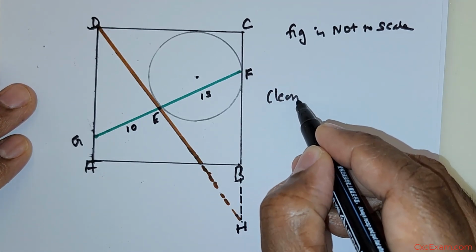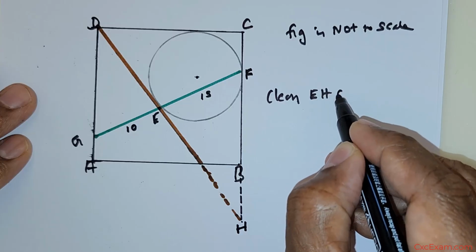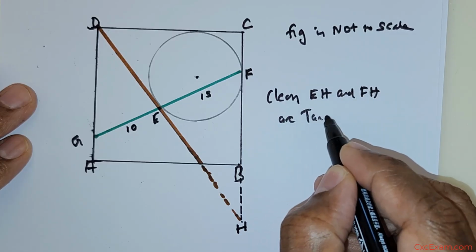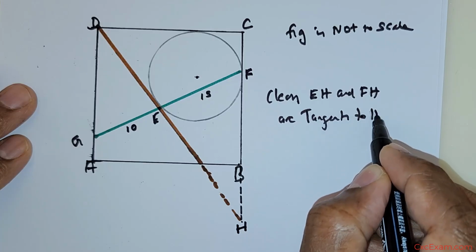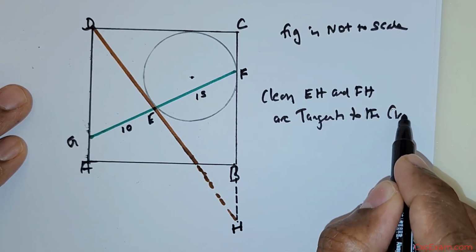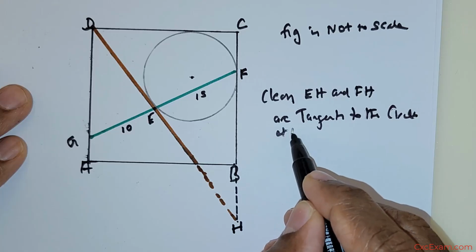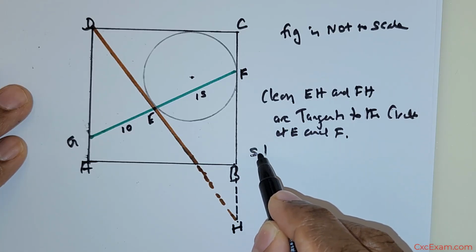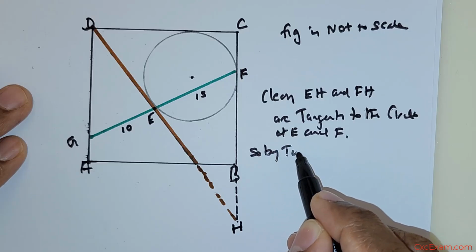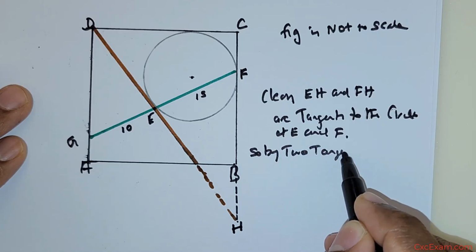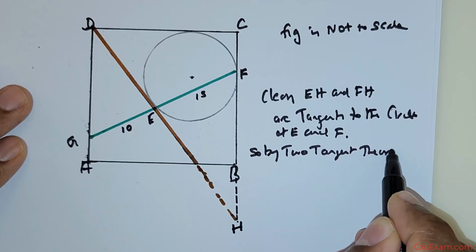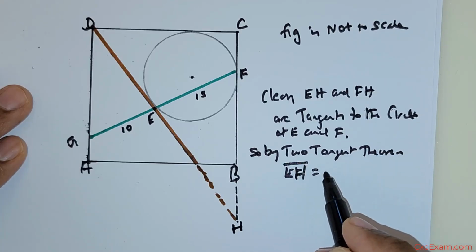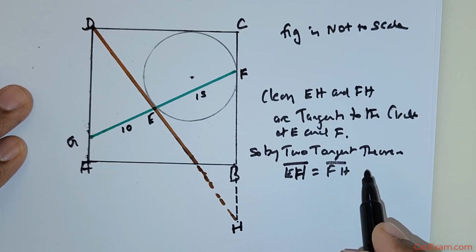So clearly EH and FH are tangents to the circle at E and F. So by two tangent theorem, EH will be of same length as FH.